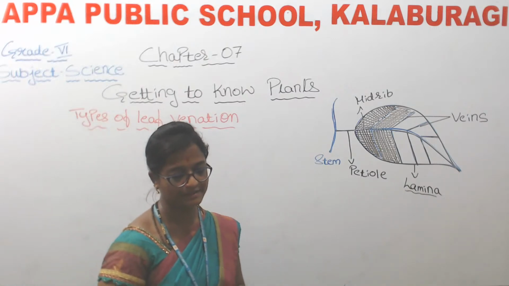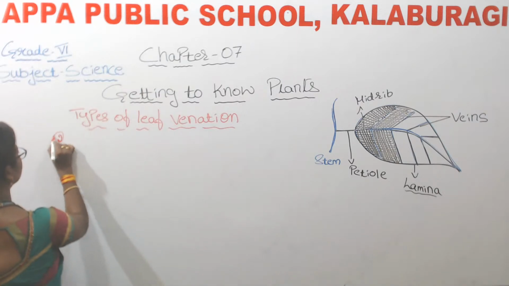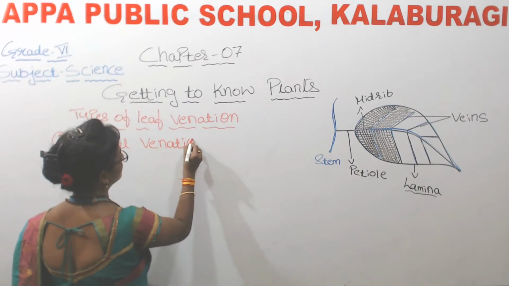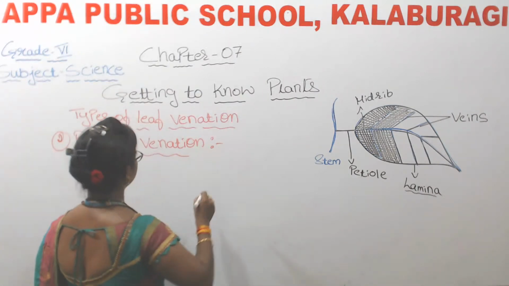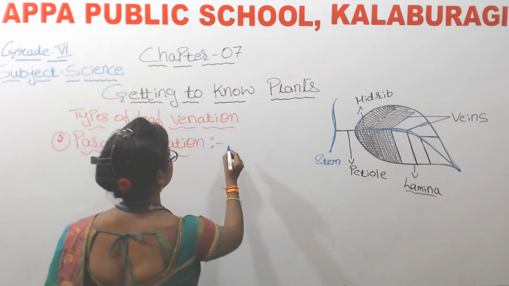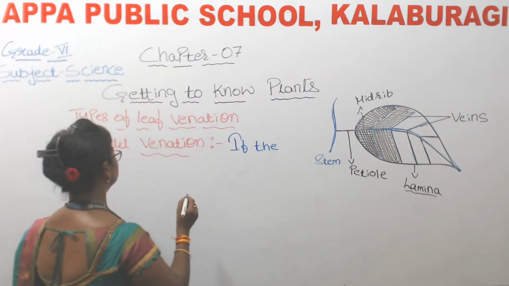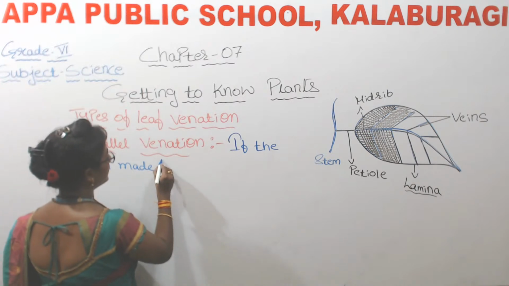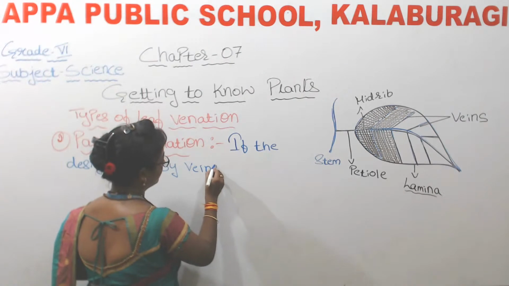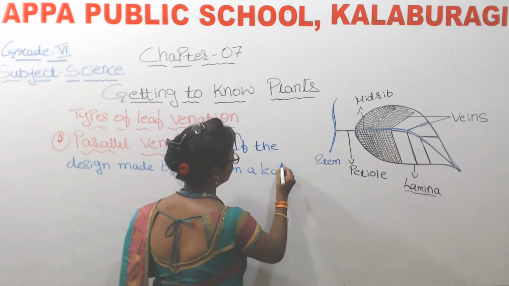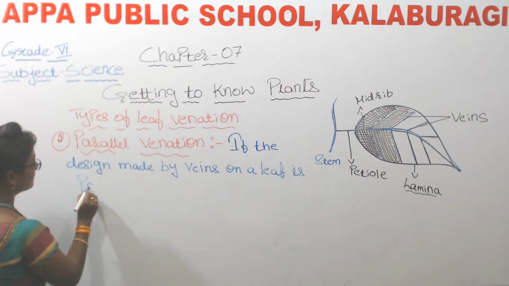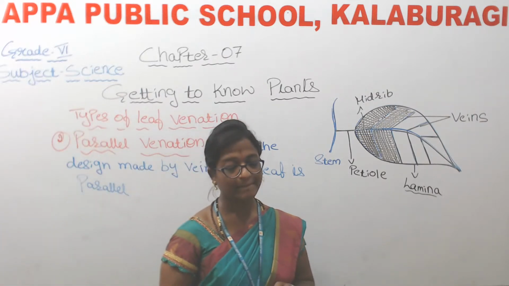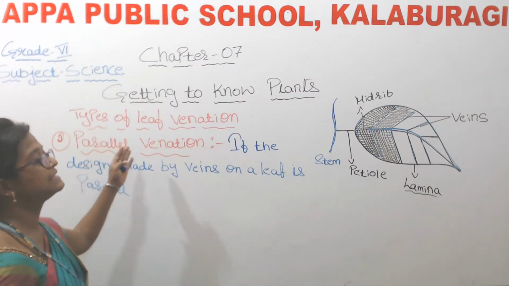So the second one is parallel venation. Here, if the design made by veins on a leaf is parallel, so if the veins on the leaf are parallel, then that venation is known as parallel venation.